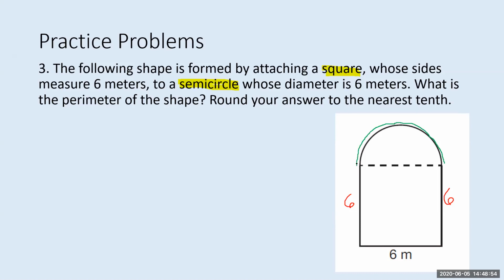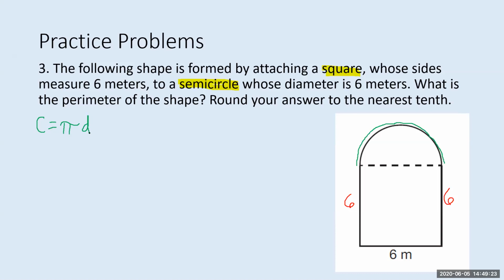So when we're talking about the distance around the outside of a circle, right, that word is circumference, and we have a formula for that. We know that the distance around the outside of a circle, the circumference, is equal to pi times the diameter. That comes from our formula sheet. Pi times the diameter of the circle.